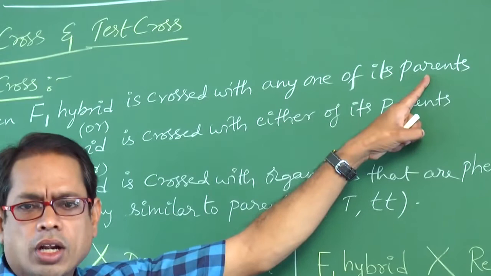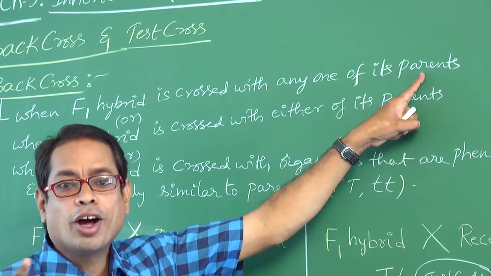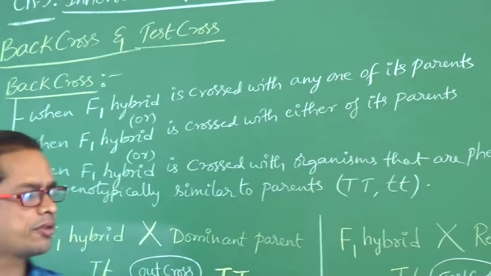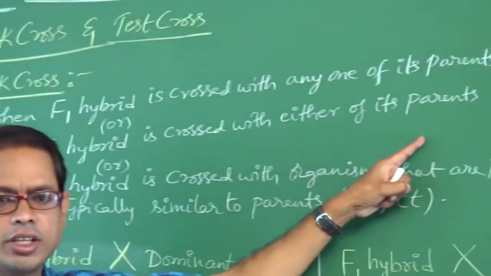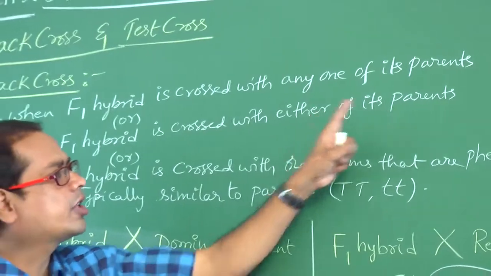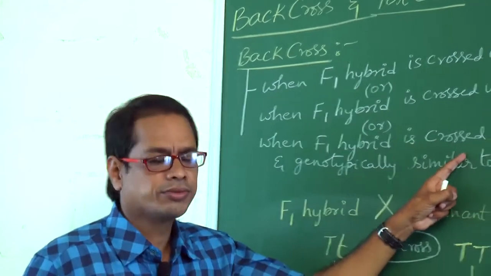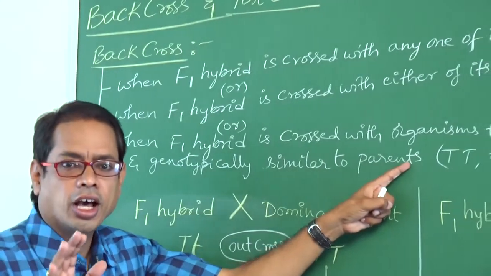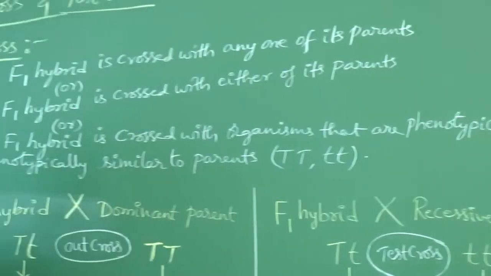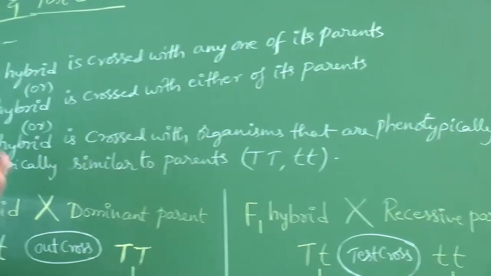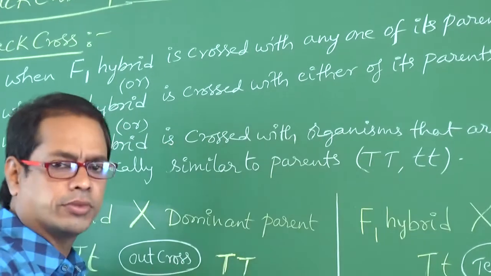Parents means what are the parents of F1? Capital T and small t. In other words, when F1 hybrid is crossed with either of its parents, or with organisms that are phenotypically and genotypically similar to the parents, meaning capital T, phenotypically and genotypically similar, and small t, phenotypically and genotypically similar.